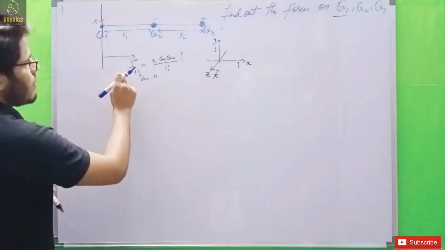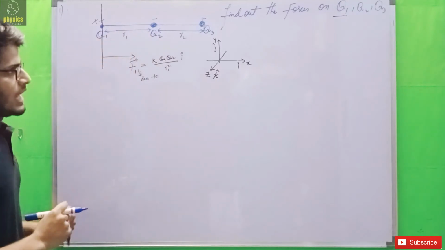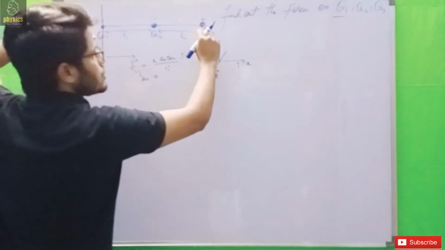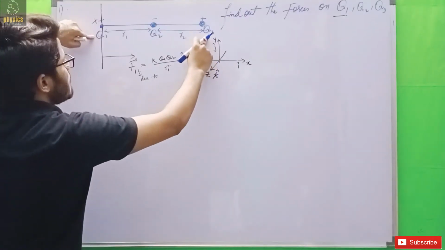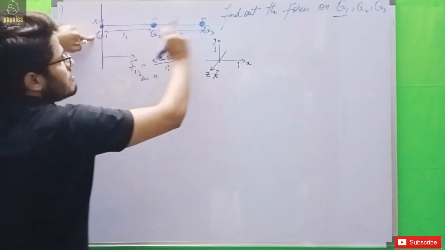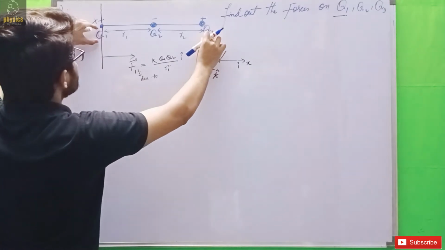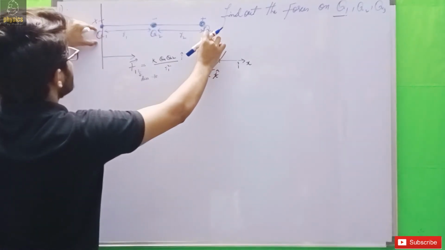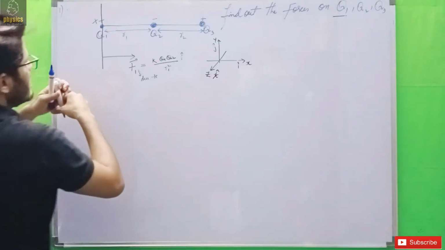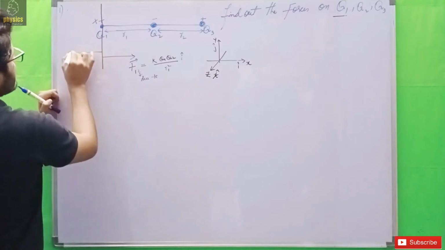Okay, this is the one force that is due to Q2 on Q1. Now let's find out the force on Q1 due to Q3. Because they have the same polarity, same sign, positive, positive, the force on Q1 will be directed away, along the line joining Q1 and Q3.